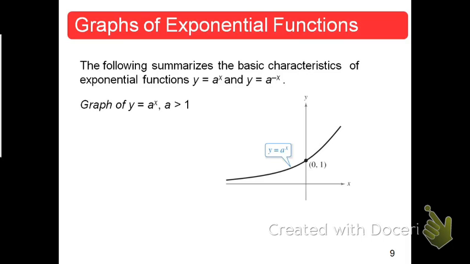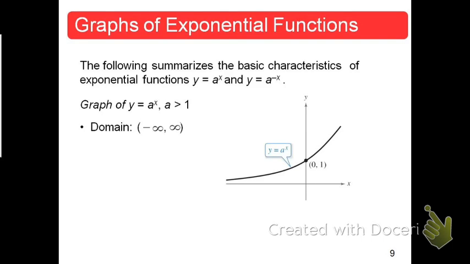So, back to our characteristics of the exponential function. This is the general form of what our graph of a to the x looks like. It again, of course, passes through the point 0, 1. The domain of this function is from negative infinity to infinity. Why?